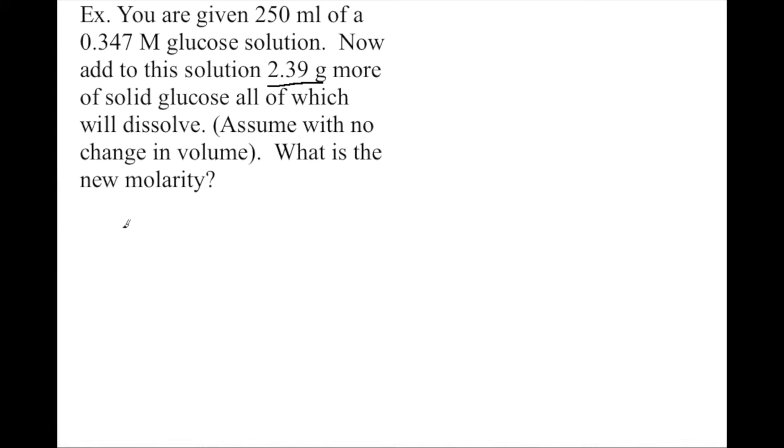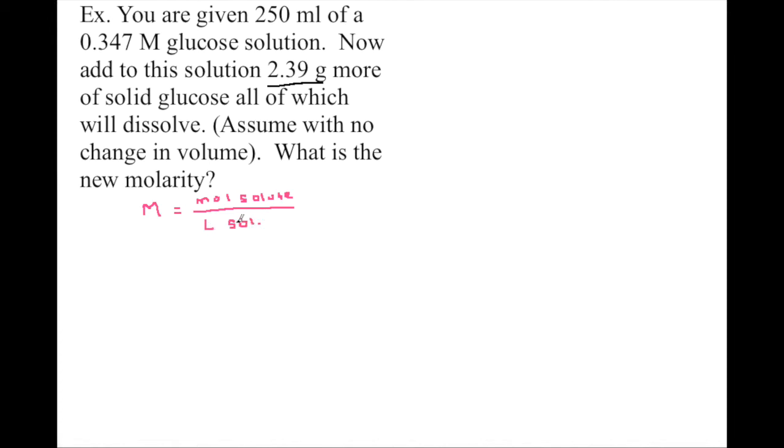So, if I have a 0.347 molar glucose solution and I have 250 mL of that, the first thing I want to calculate is how many moles of glucose I start with. My formula for molarity, if you'll remember, is that molarity equals moles of solute divided by volume in liters of solution.